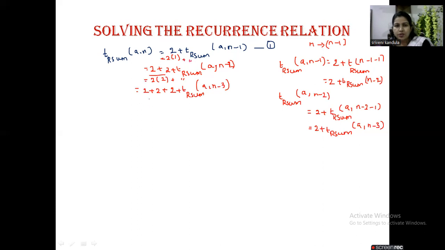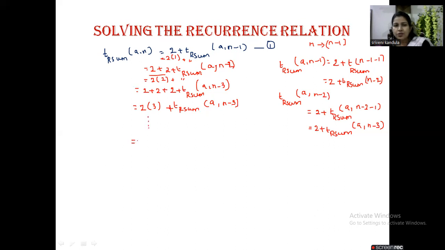Yes. So similarly, here I have three 2's. 2 into 3 plus T_rsum(a, n minus 3). So now, in a similar line, using mathematical induction, what can we say?